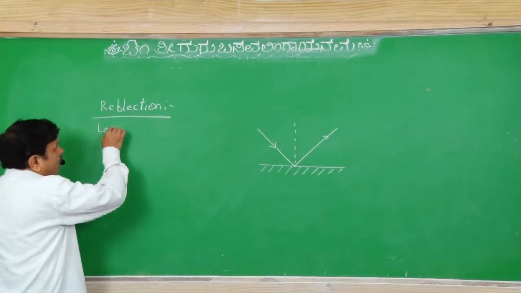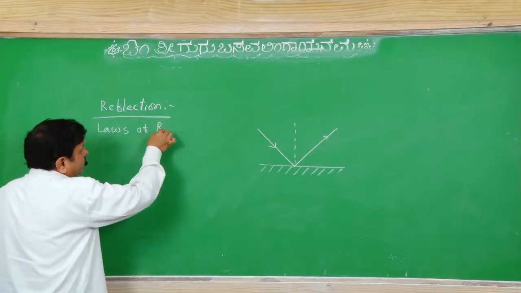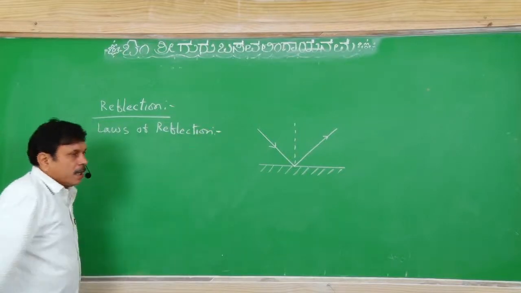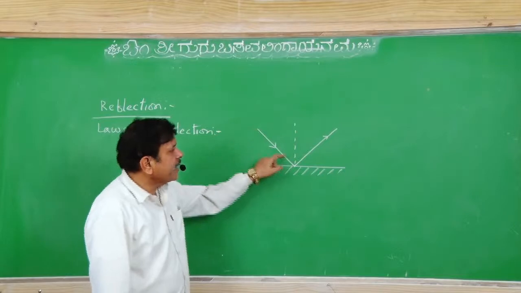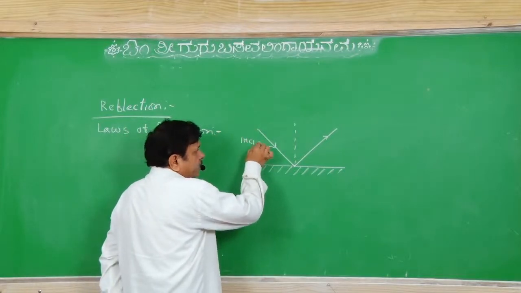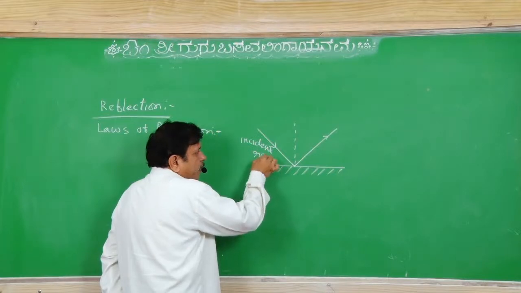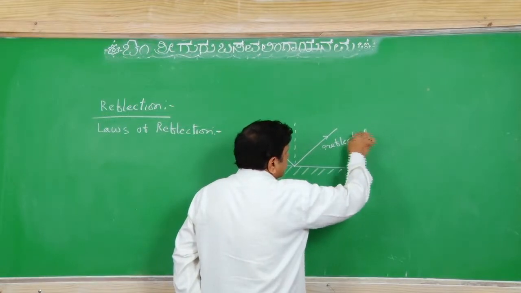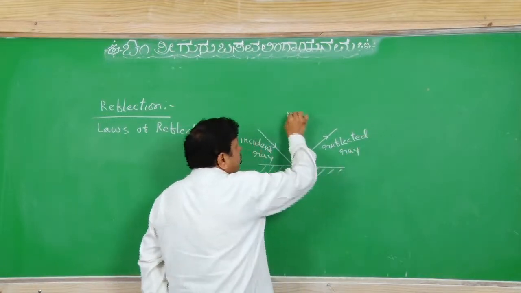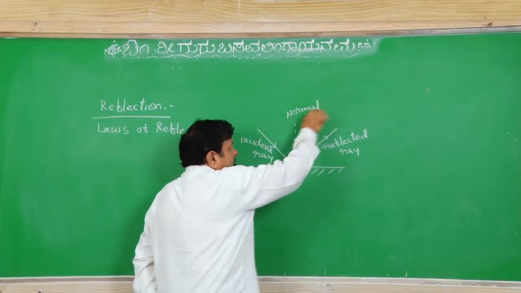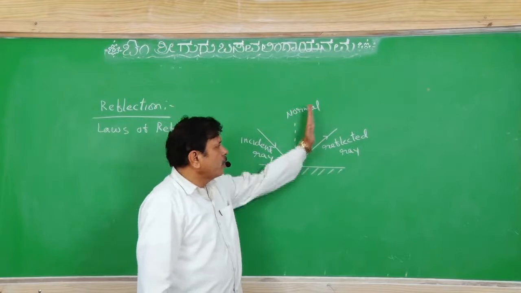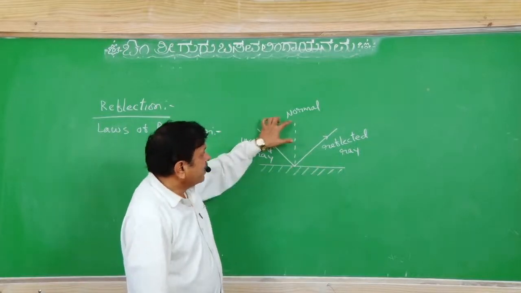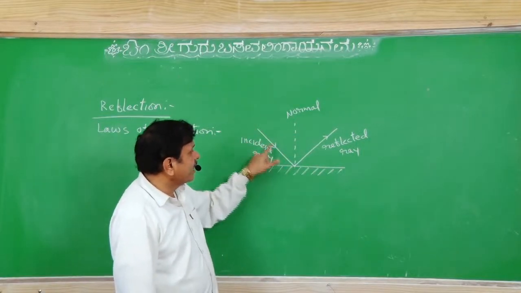Now let us see the laws of reflection. Here, this ray is called the incident ray, this is called the reflected ray, and this is called the normal. Actually we can draw many normals, normal means perpendicular, but this normal is at the point where light is incident.